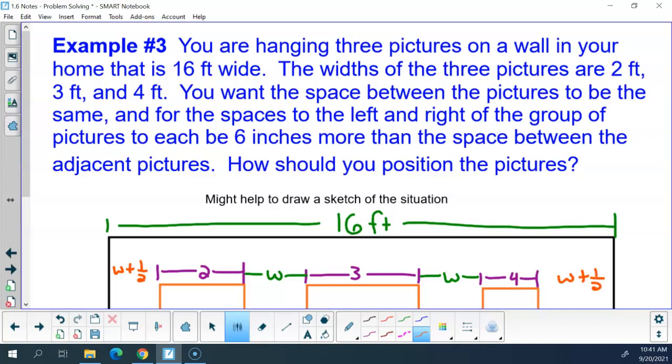Okay? Do we have all of our gaps filled on our wall? No. We have a little height. We don't care about height. We're just talking width.